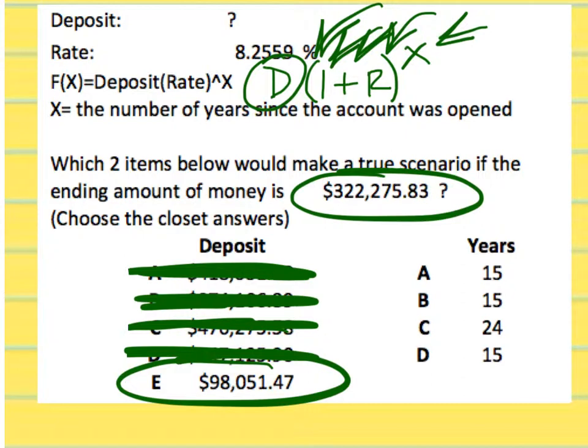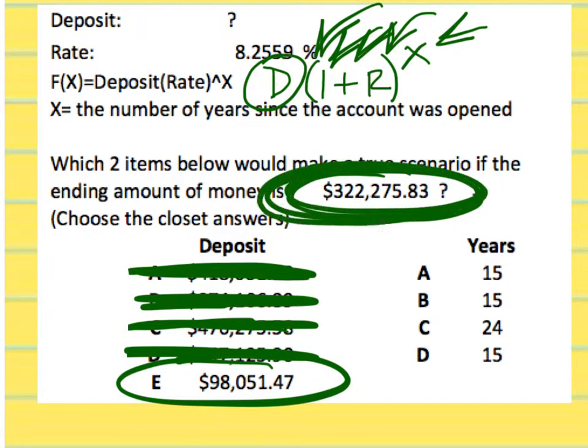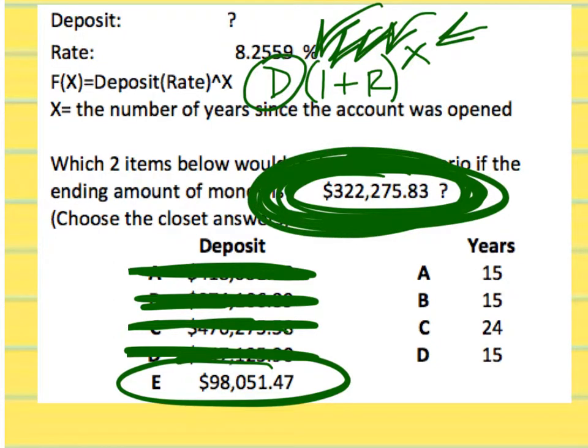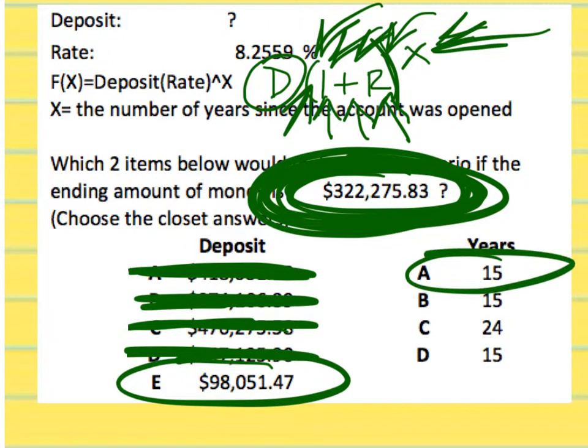Is that the ending amount that is in there? Did you type in this amount here that I am circling in your calculator, and hit the times button, and then a left-hand parenthesis, and then 1 plus 0.082559, right-hand parenthesis, a caret, and then the number of years, 15, which we are choosing from here.